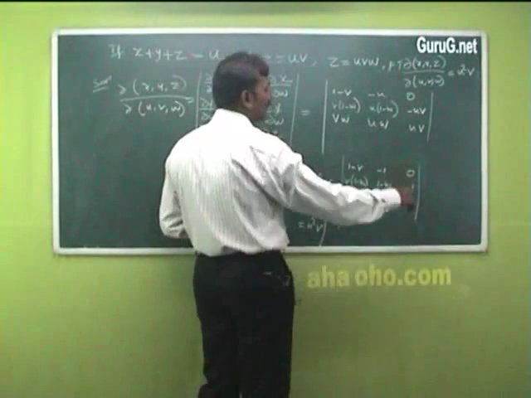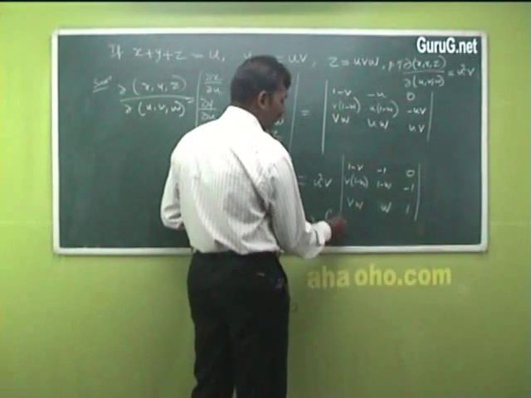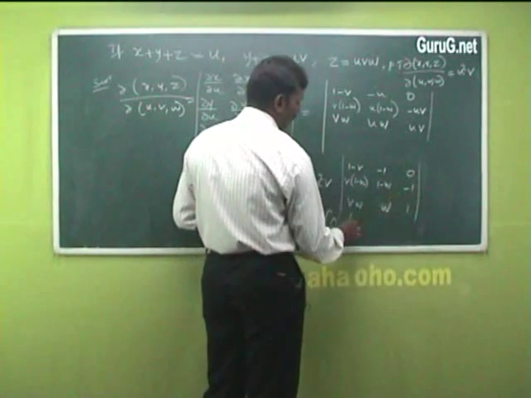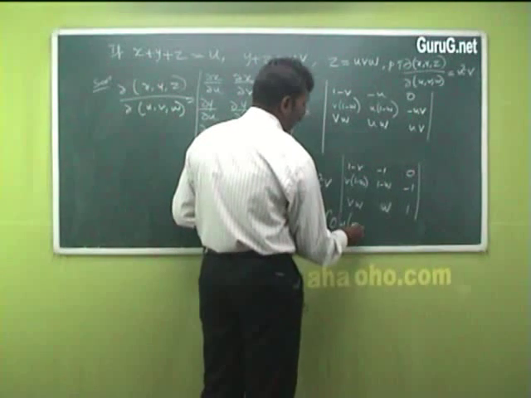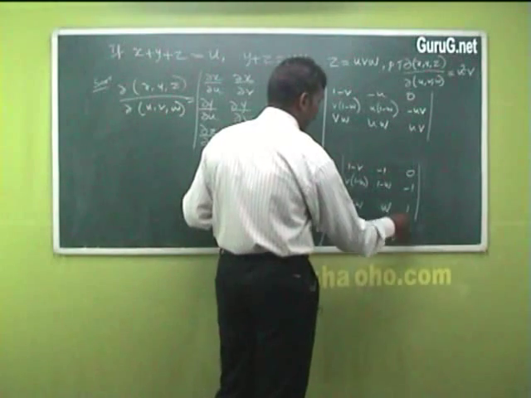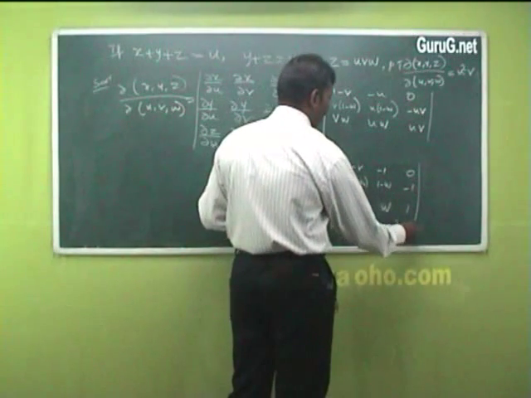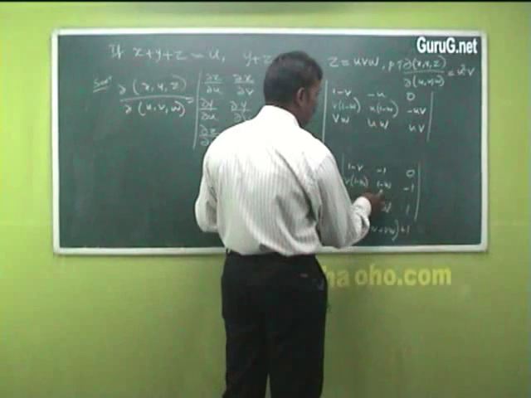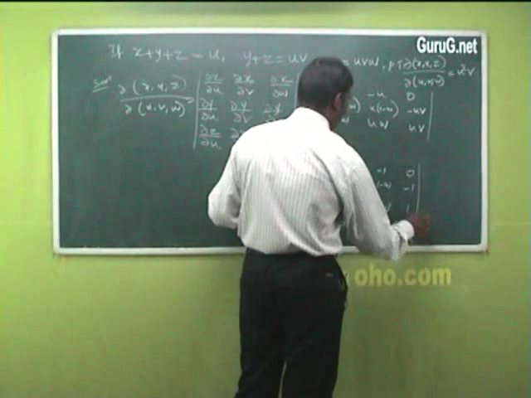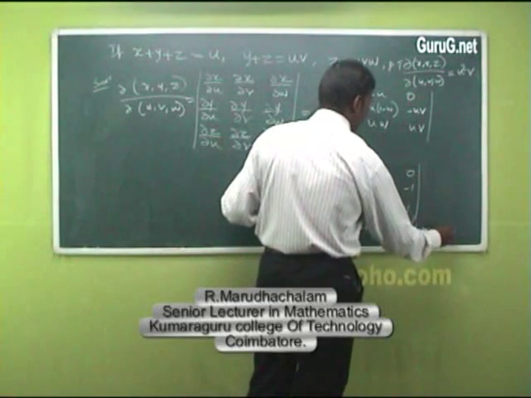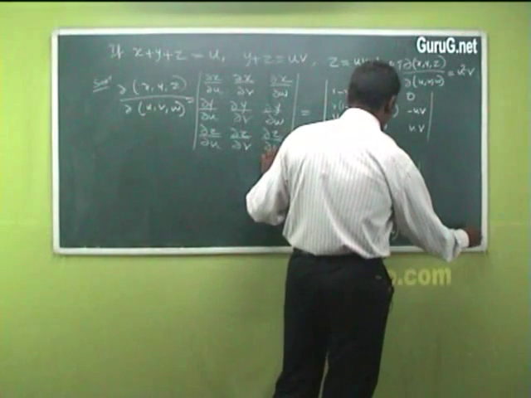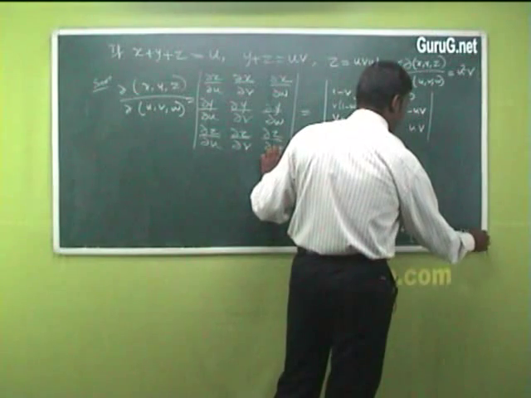Right? So you expand it, so u squared v. You expand with the third column, you may get 0. Then minus 1 into, so plus 1, w minus vw plus vw. Then plus 1 into, omit this row and this column, you multiply these two, 1 minus w, then minus v plus vw, you multiply these two, plus v minus vw.